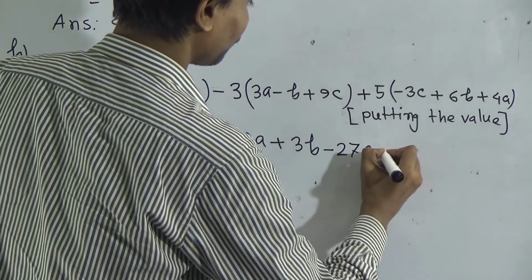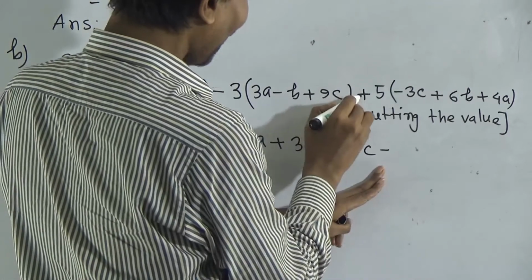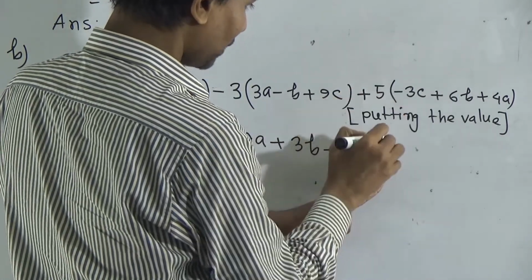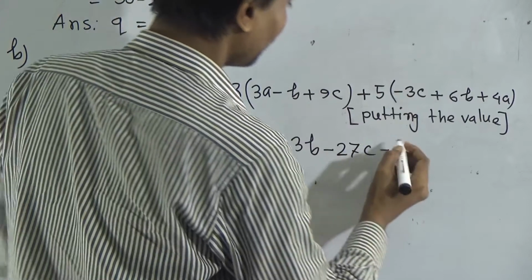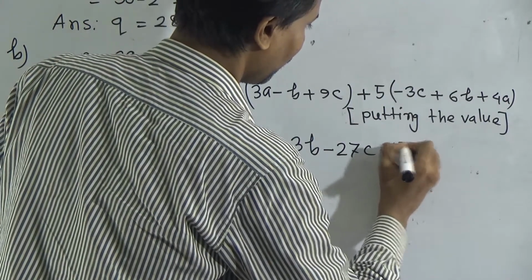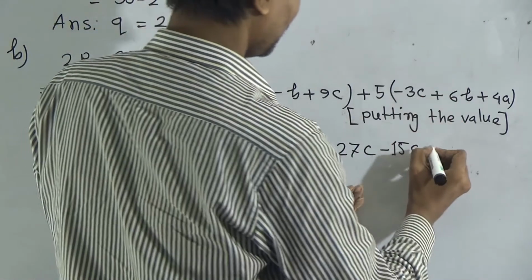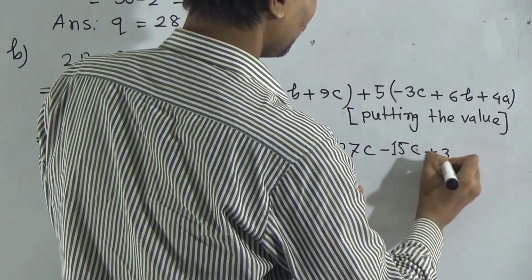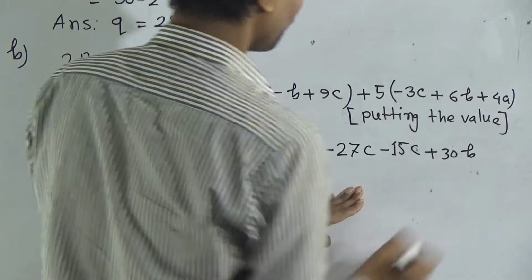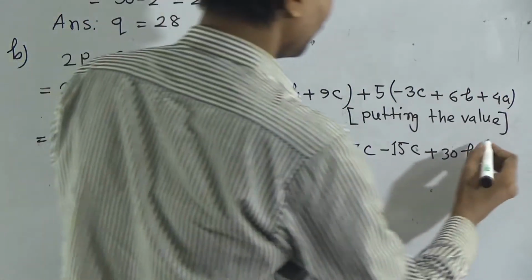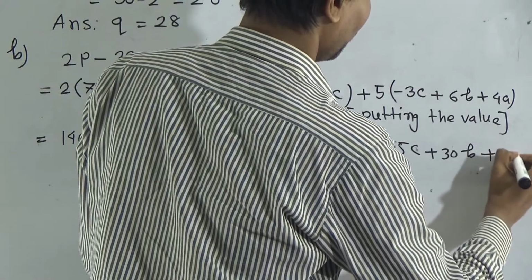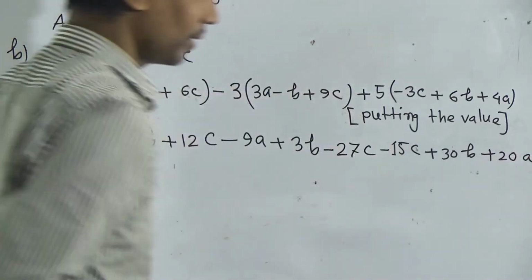Now you see here, plus, minus, minus, 5 threes are 15C, then plus, 5 sixes are 30B, and 5 fours are 20, right here 20A.